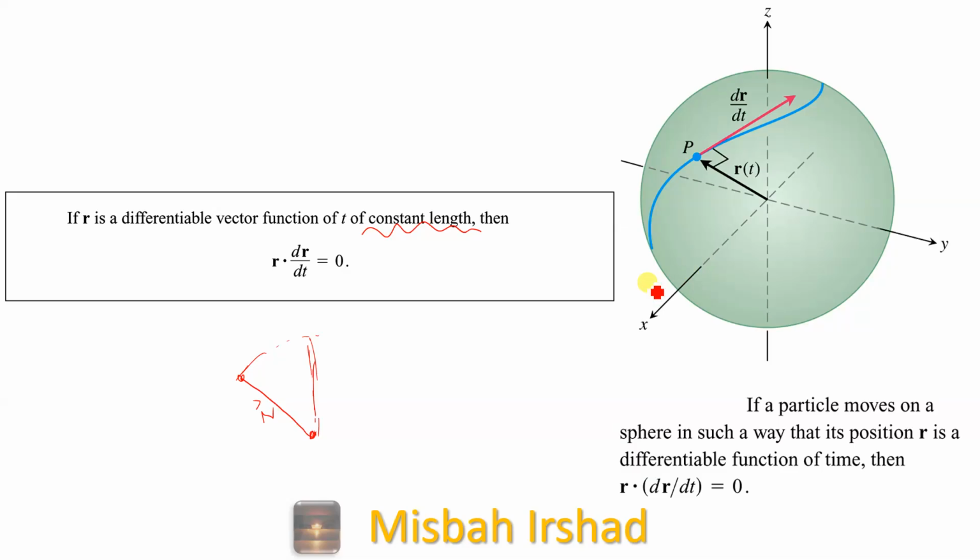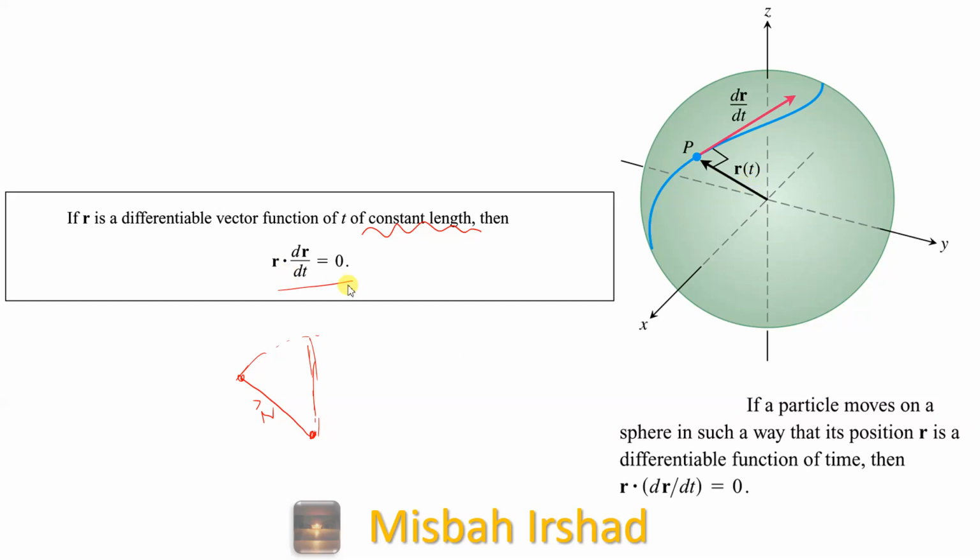Like if a particle moves on a sphere in such a way that its position r is a differentiable function of time, then r dot dr by dt is equal to 0. And you can see along the sphere, the magnitude of r(t) will remain the same. So that is why this result holds.